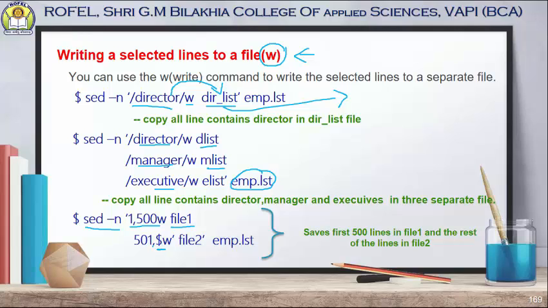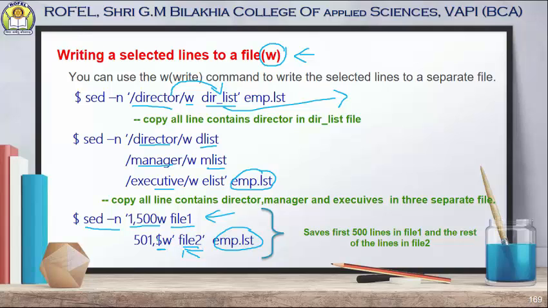You can also write up to where you want from 501, otherwise if you want to write till the end, write dollar. I don't know the last line number, that's why I can write this dollar over here. So I can write 501 comma dollar W. That means from 501 to the last line will be stored into file 2. And where do I find all these lines? In emp.lst. So the output of this command is that you can save the first 500 lines in file 1 and the rest of the lines in file 2.